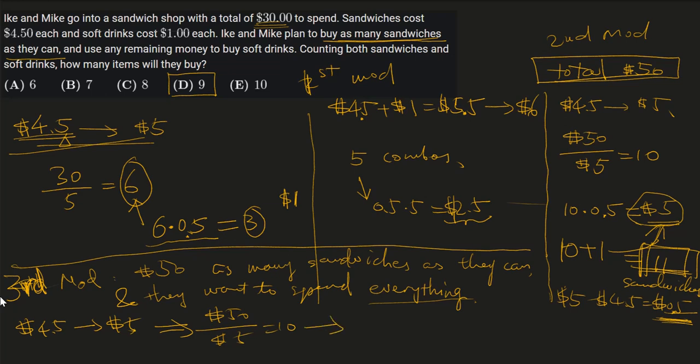And then that gives us a 0.5 times 10 leftover, $5 leftover. Even though we can spend this $5 on another sandwich, but in order to avoid the final leftover 50 cents, we can't do it. We have to spend these $5 entirely on the soft drink. Then this gives us a 5 more soft drinks, right?